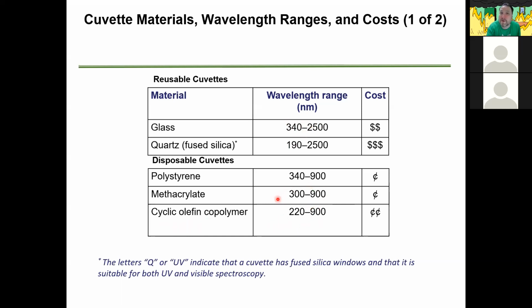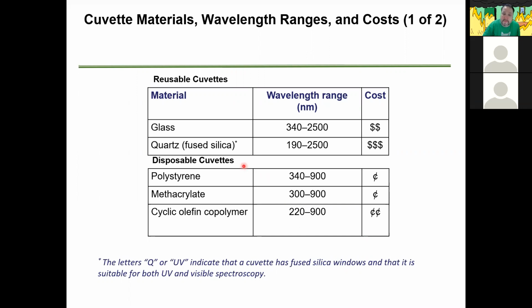They're going to go out a little bit further than the glass ones would. But the disadvantage is that if you are working with an organic solvent, plastic often does not play well with organic solvents. So if you put acetone into your polystyrene cuvette, you're pretty soon going to have a goopy mess on your hands and not a measurement.